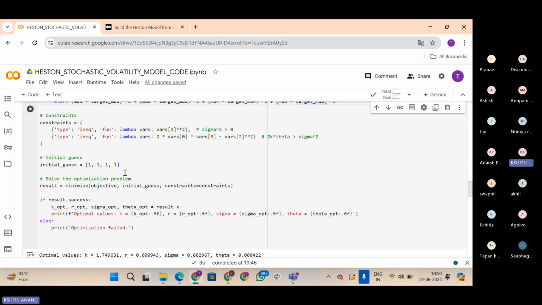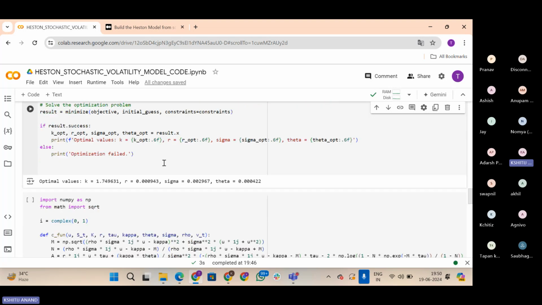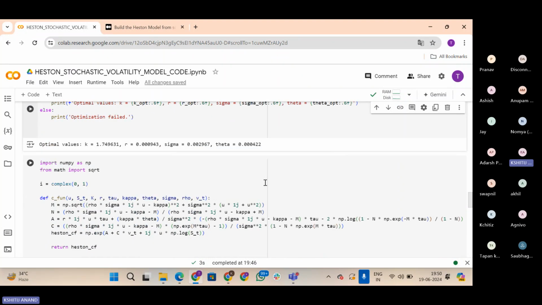Then again the objective function is calculated, and similarly we try to improve our guess. When the objective function reaches a minimum threshold, we stop and reach a solution. So we see the optimum values: k is equal to this one, r is equal to this one, sigma is equal to this one, and theta is equal to this one.